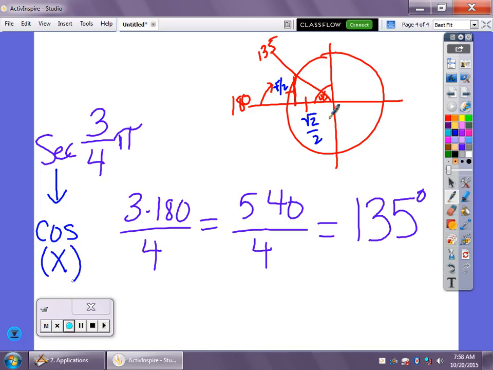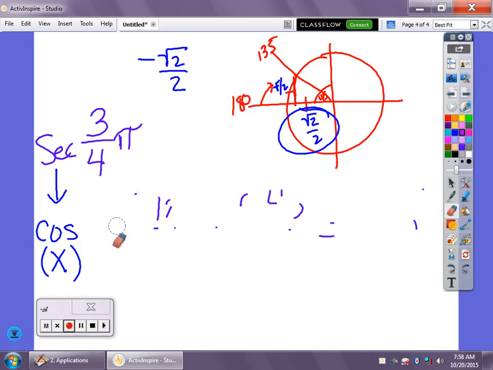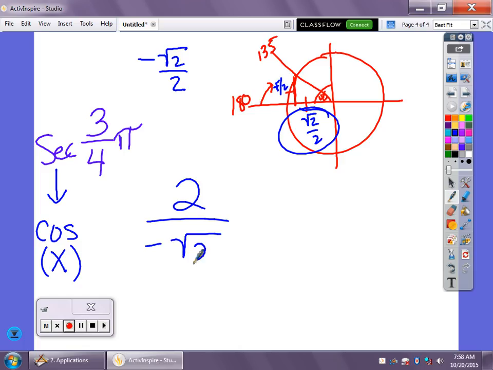So in this case, my x value is negative the square root of 2 over 2. That would be the cosine. Secant is the reciprocal. So it's going to be, let me erase and give us some room, 2 over the negative square root of 2.